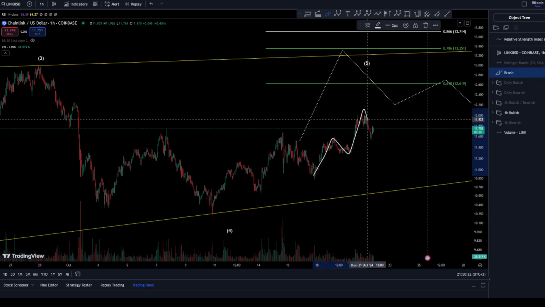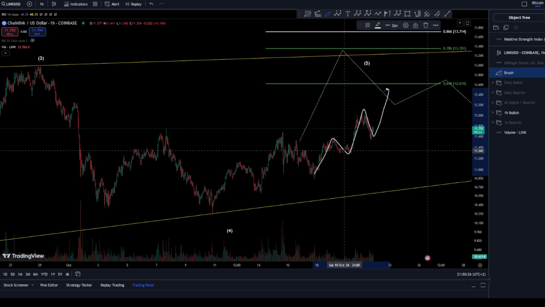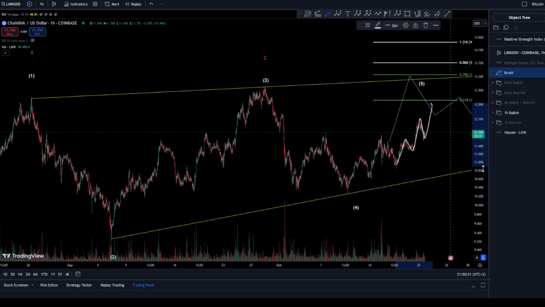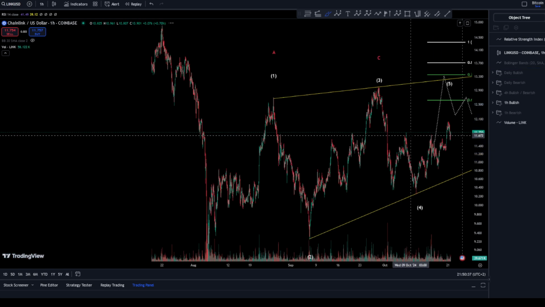And that means truncation. If that happens, guys, be careful with it, right? So it might reverse and it might turn into a bearish scenario.